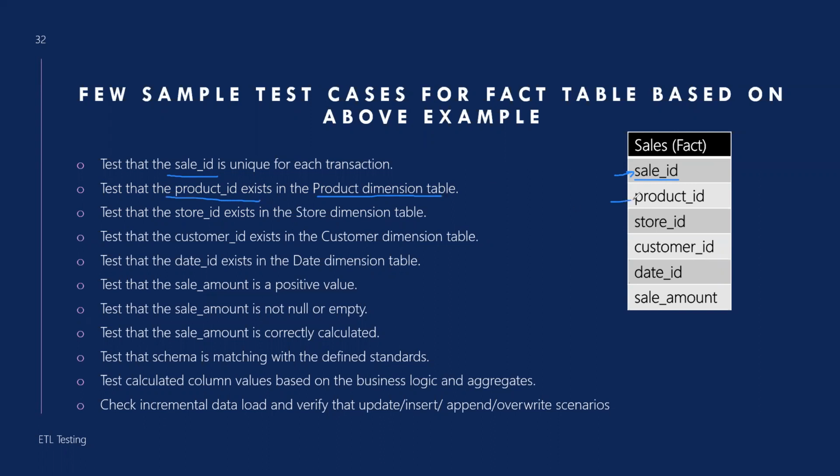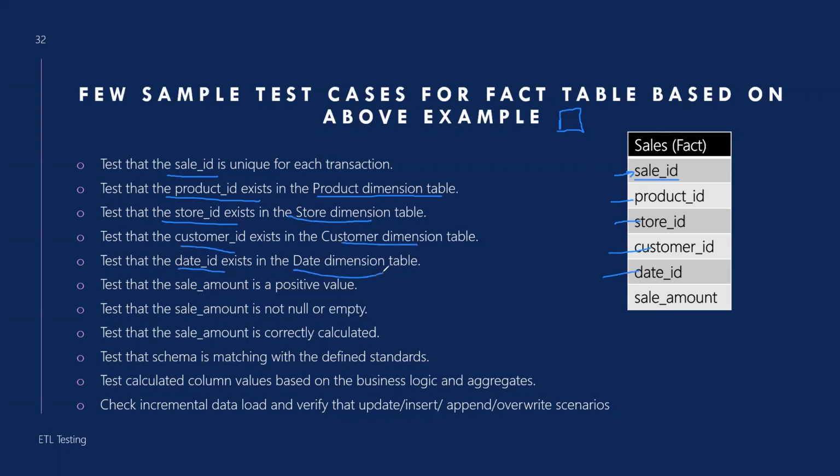If there is any product, store, customer, or date, any dimension information or foreign key available in your fact table, it should be present in the dimension table as well. So this data should match with the dimension table. The same is written among these test cases.